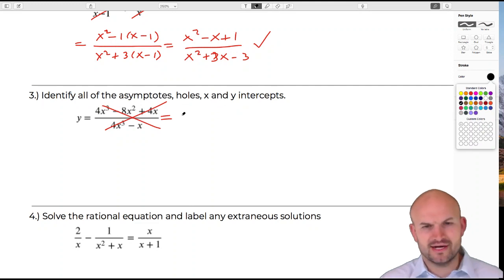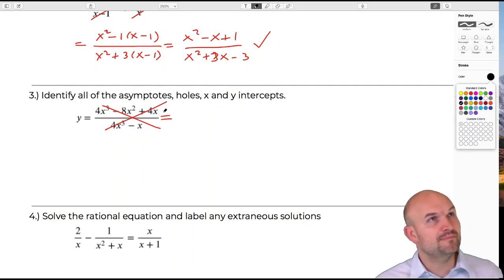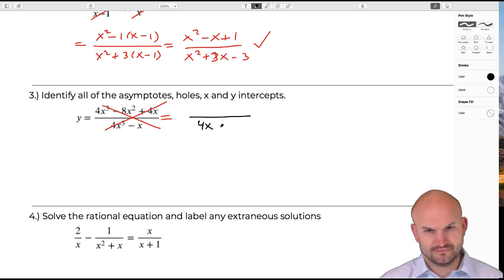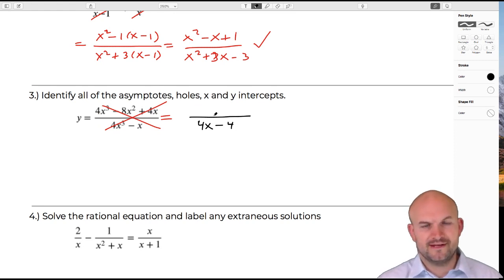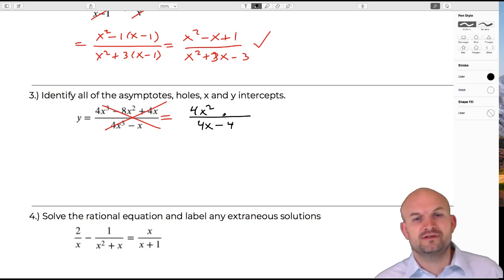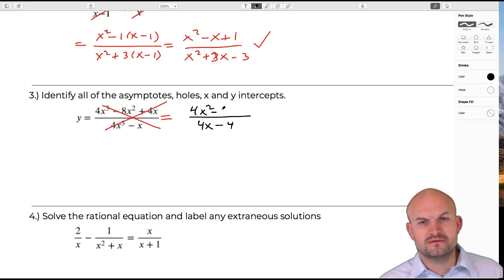All right, so I think I remember the 4. I know the denominator was 4x minus 4. So then this was 4x squared, and then I know that one would be a 2. Yeah, so that would be a minus. Was that a 2? No, minus 4, I think that was a minus 4x.